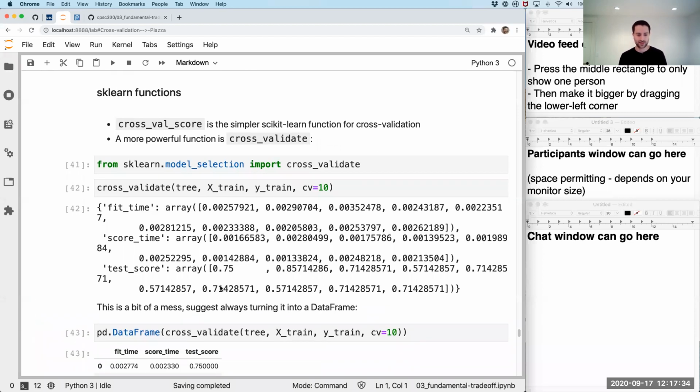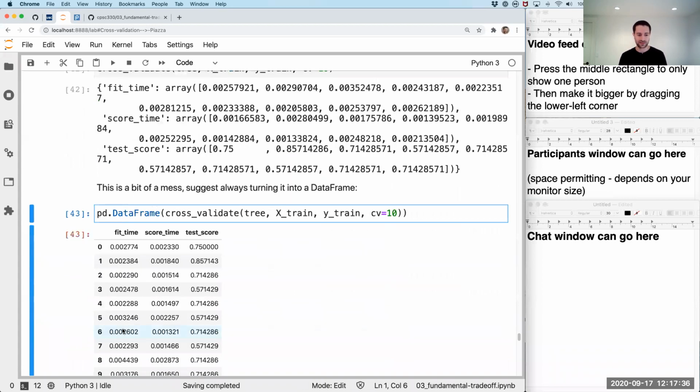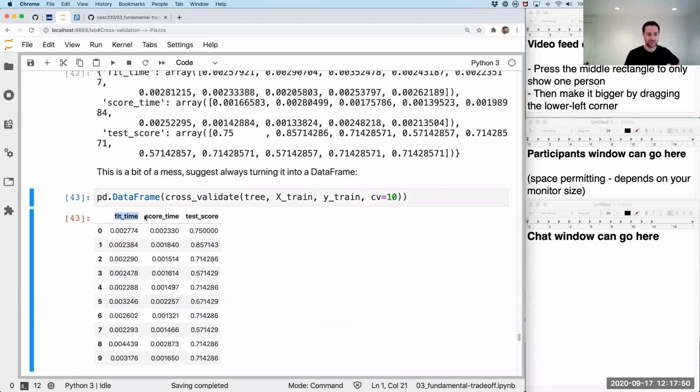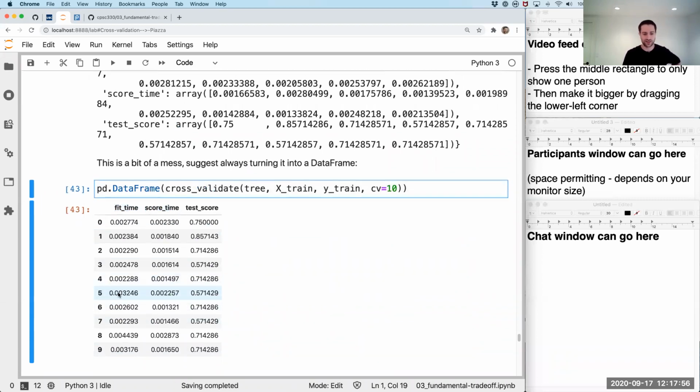But if you cast it into a pandas data frame, it's a lot easier to read. This final column is basically what we were looking at before. It's giving you 10 scores, doing the exact same thing as cross-val score. But it's giving you some extra information. In particular, it's timing the number of seconds it took to do these different steps, which is not of interest to us right now.